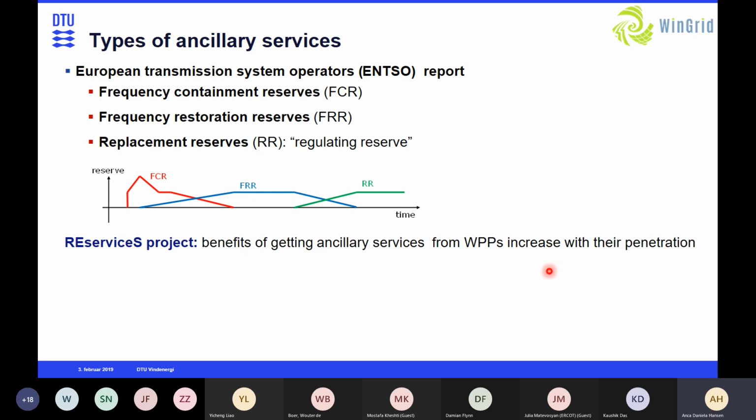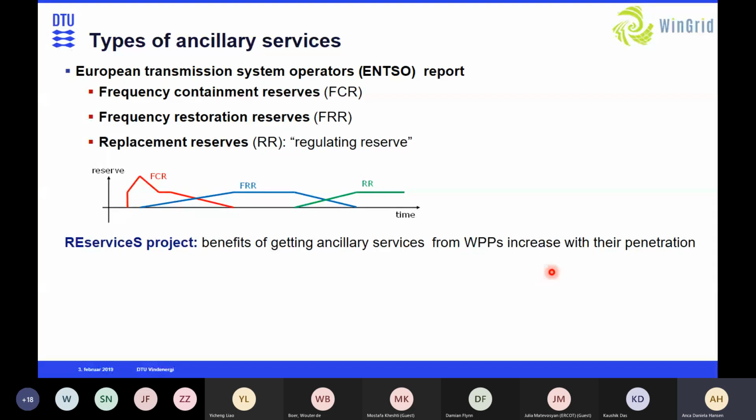I want to mention this RESERVICES project, which has studied the benefits of providing reserves from renewables in different types of power systems. For example, island systems, such as the case of Ireland, or the Iberian Peninsula, so the end-of-line power system, and the large North European system.